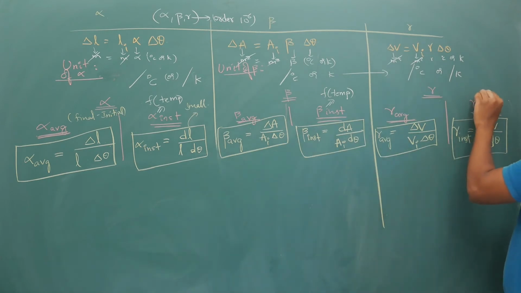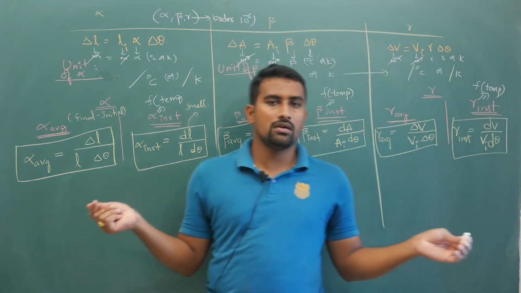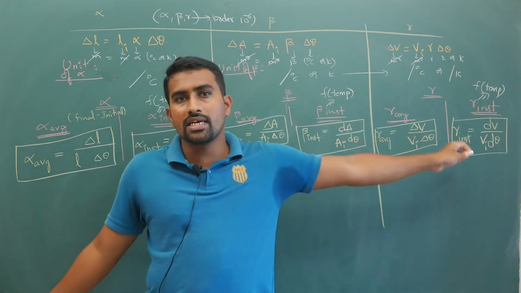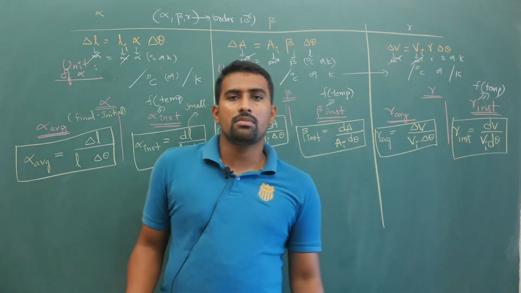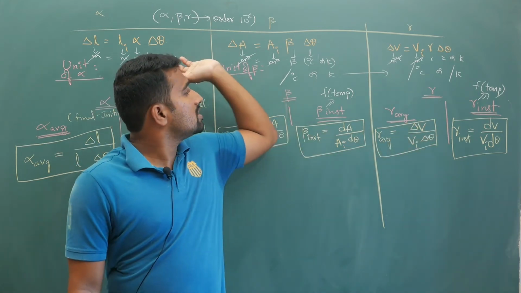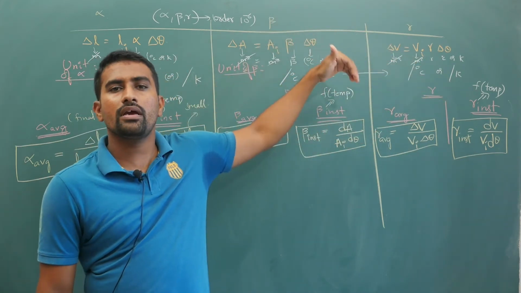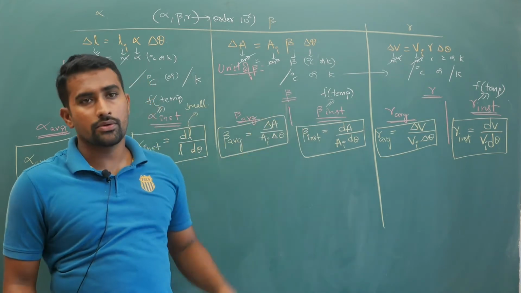When there is a variable quantity as a function of temperature, you have to use integration to get the final volume. How, I will tell you, do not worry, but for now this is how we are defining. I have explained this previously, and I am just improvising the previous idea. I am not going to do anything new here.